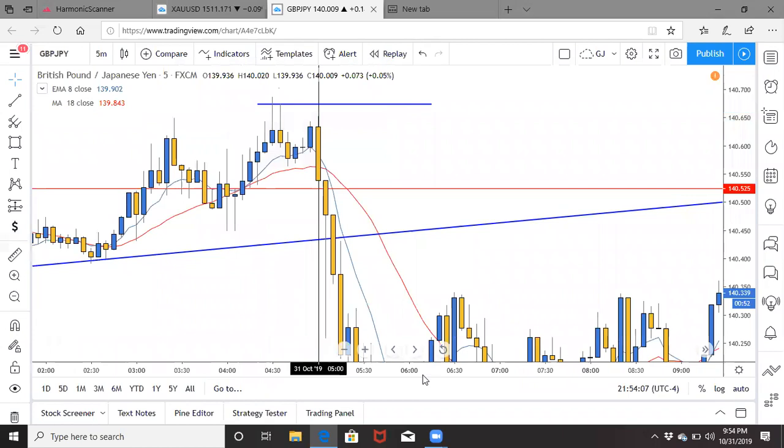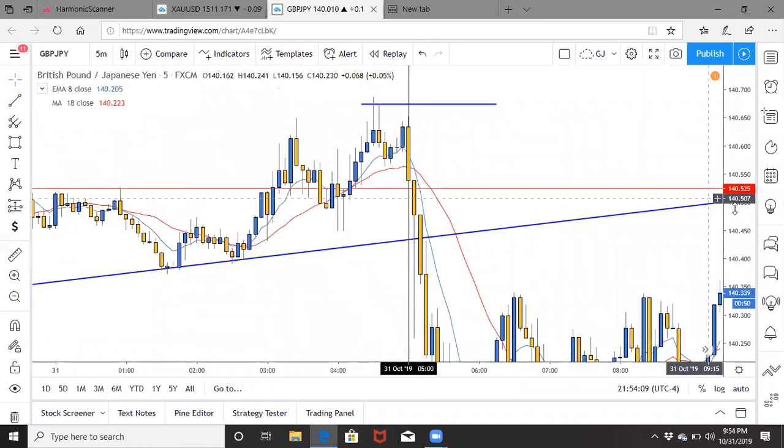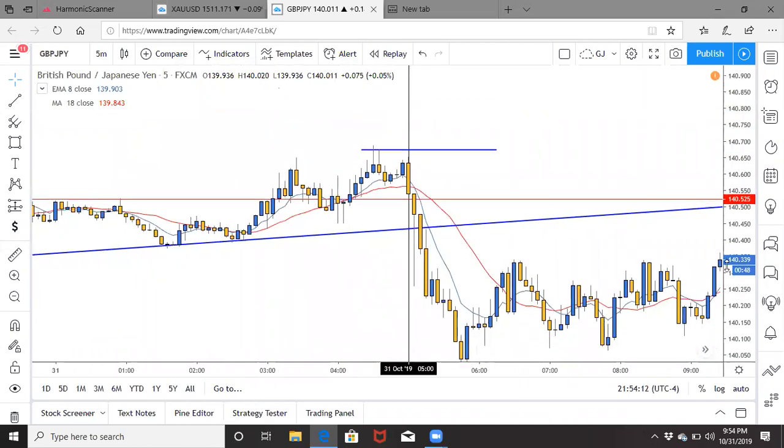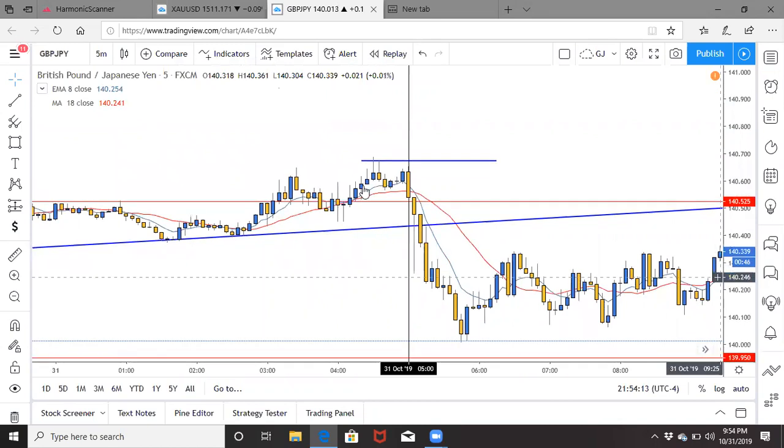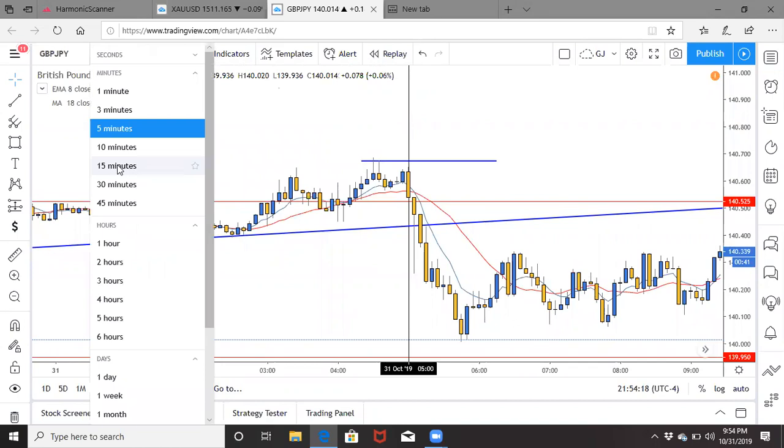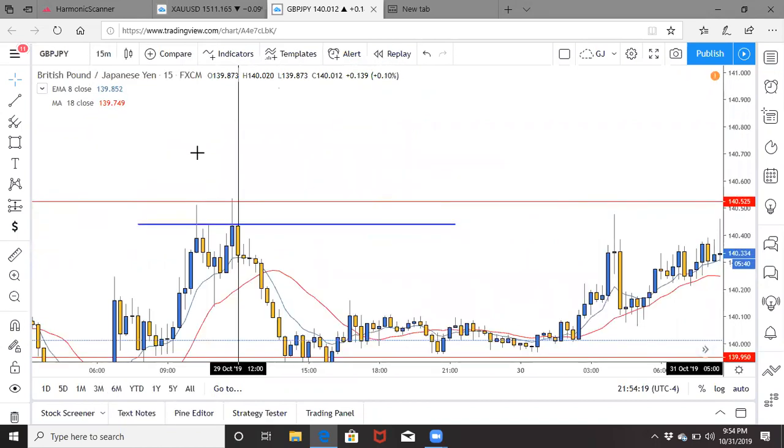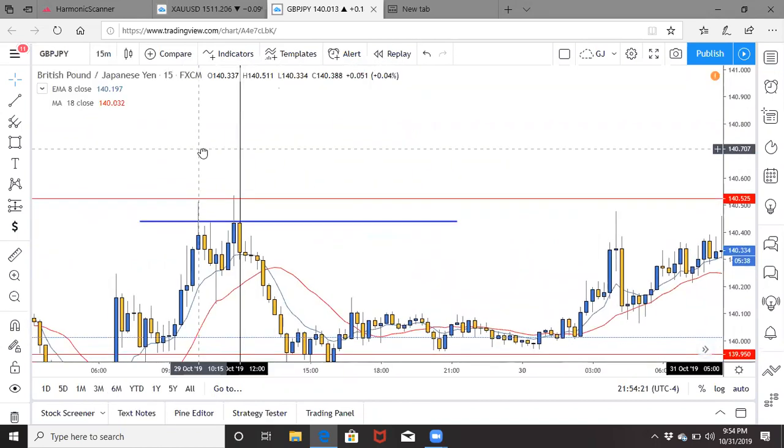All the way down to, where did it go? It's the M5. That was a little bit above the entry that the scanner had called out, though, right? Yeah, that's a good question.